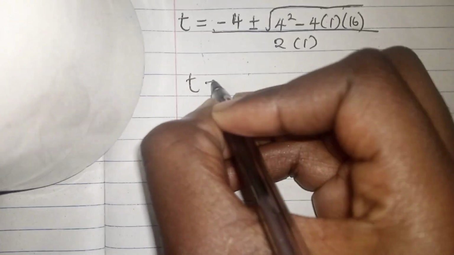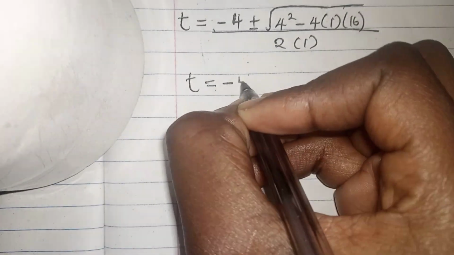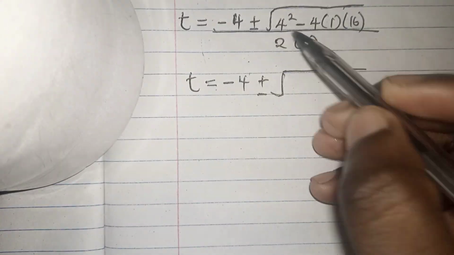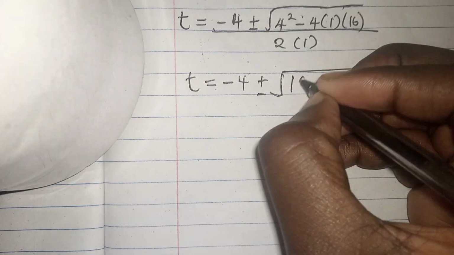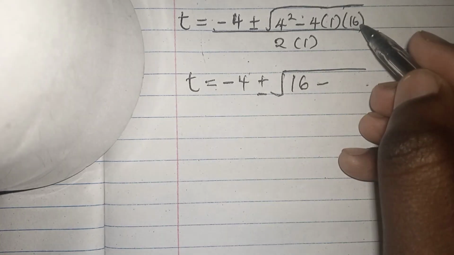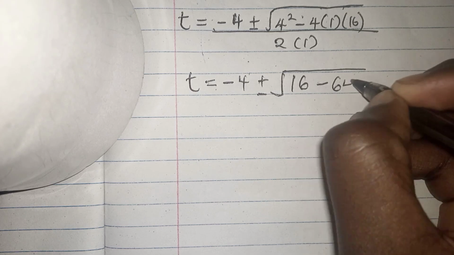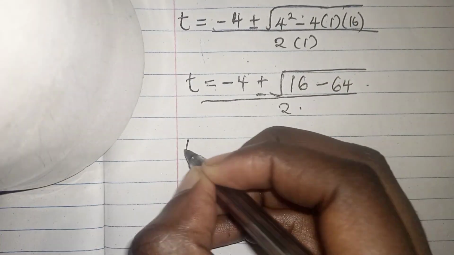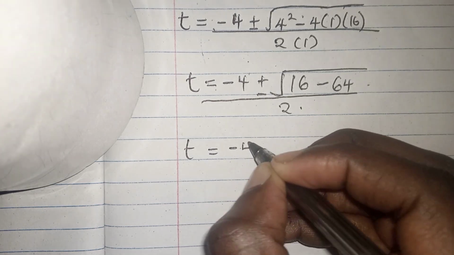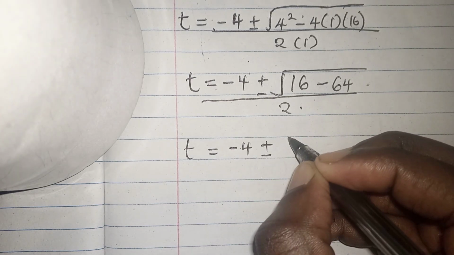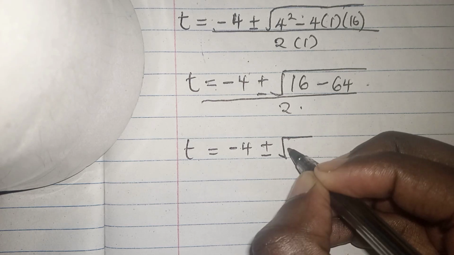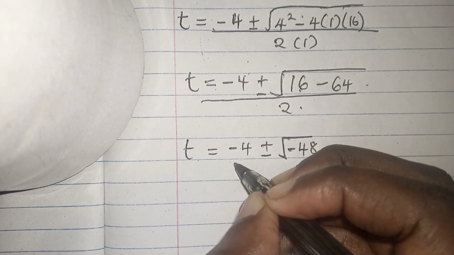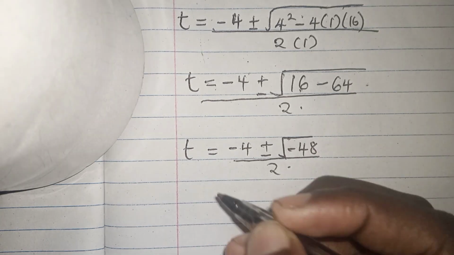So t is equal to negative 4 plus or minus the square root of 4 squared, this is 16, minus 4 times 16, which is 64, over 2, right? So we have 16 minus 64, this is negative 48, over 2.